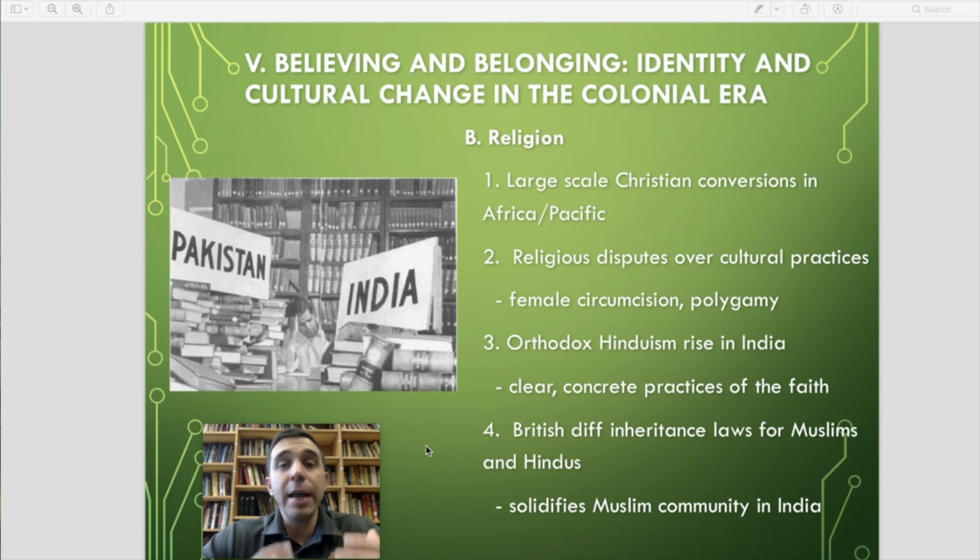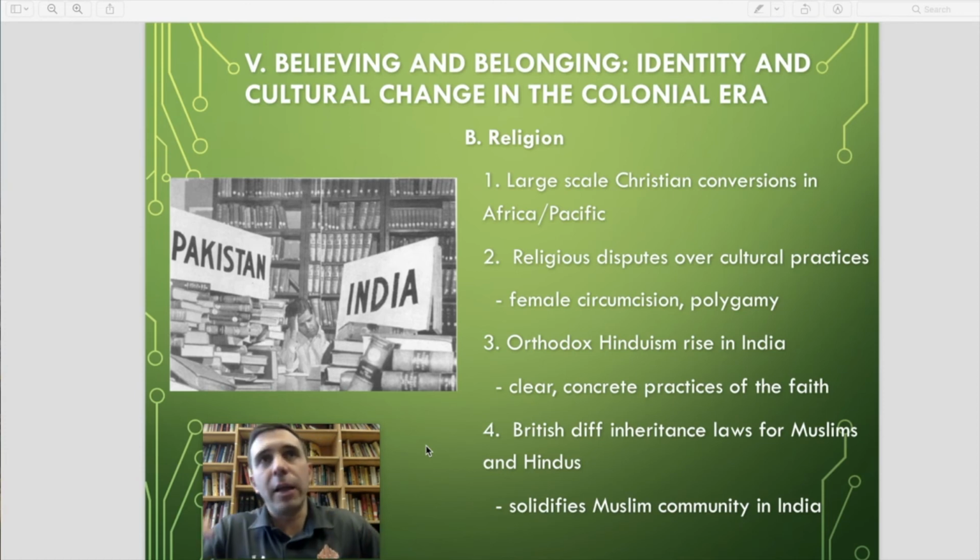In India itself, you're going to see a rise of a more traditional Orthodox Hinduism. One of the reasons associated with that is that the British provide the opposite, in terms of Christianity, structure and format to what Hinduism already had. Now, we said that oftentimes the colonizers will use the Hindu social structure that was already there to help keep people in their place.